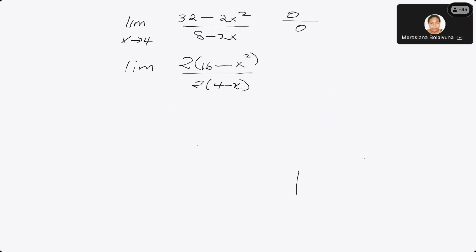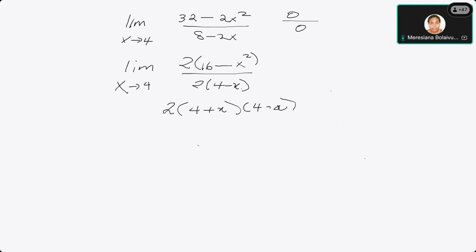Now, if you look at 16 minus x squared, you can still further factorize. So that becomes 4 plus x, and then 4 minus x.